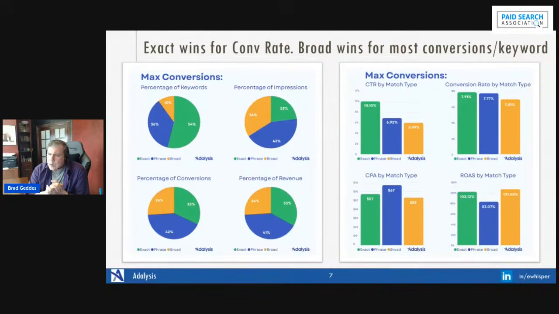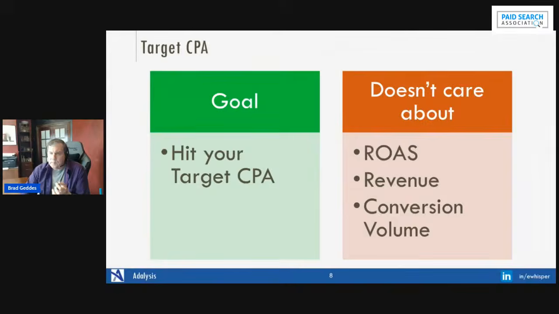This is a pattern we're going to see where with max clicks, or sorry, max conversions, exact match performs the best. Broad actually outperforms phrase match. And we'll get into why in a bit. But off of max conversions, phrase match is doing a very poor job. And we'll see why in a little bit here.